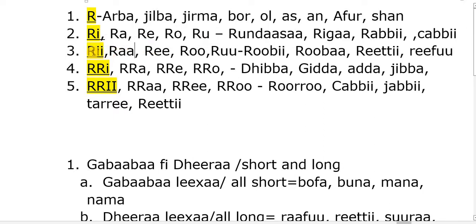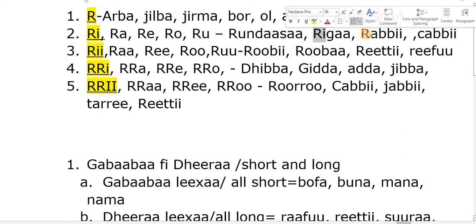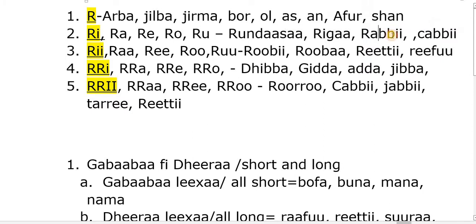Why soft? I'll explain to you next. Why long? Because we stay on it. It is not like riga, or like rabbi. B is long, but ra is short.